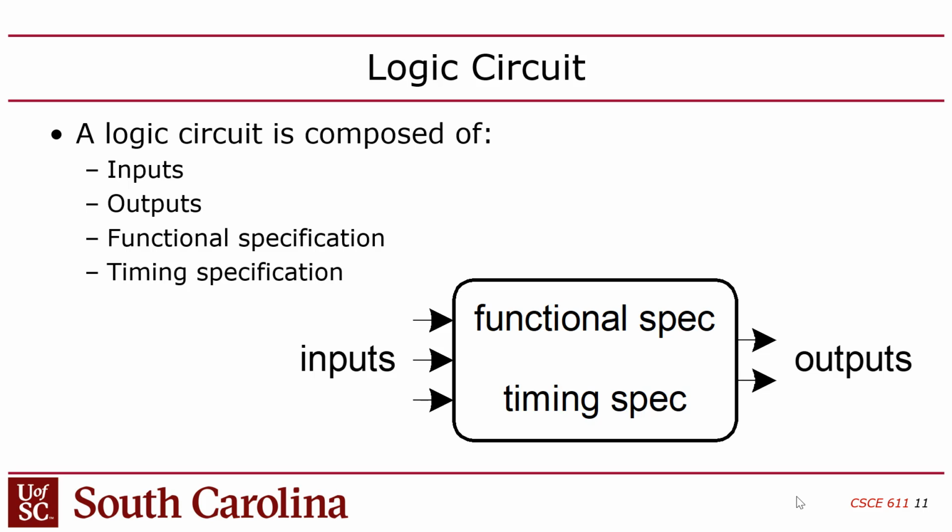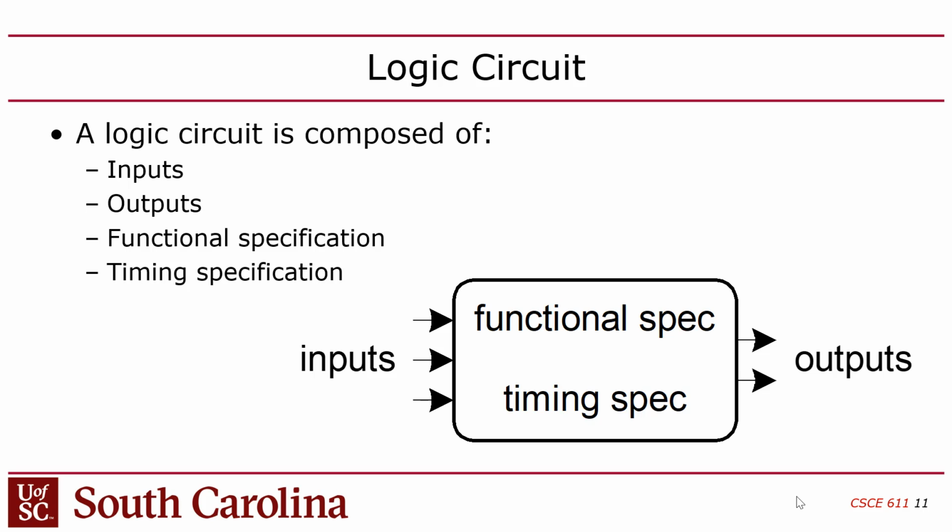So in general, you can define a logic circuit as a design that has a set of inputs and outputs. This is the interface. This is the way you interface it with other things in a schematic, with other modules.